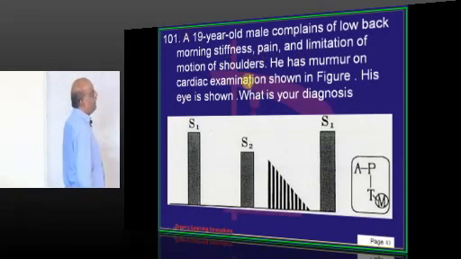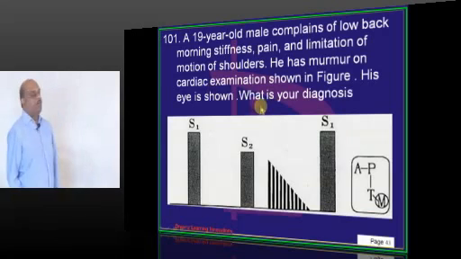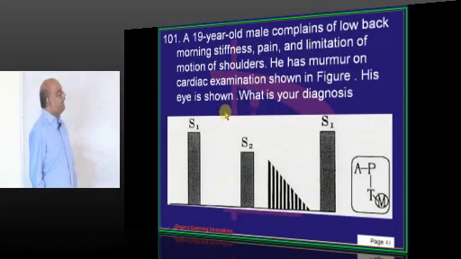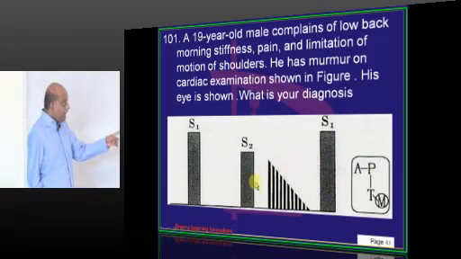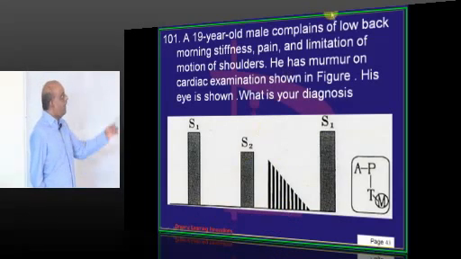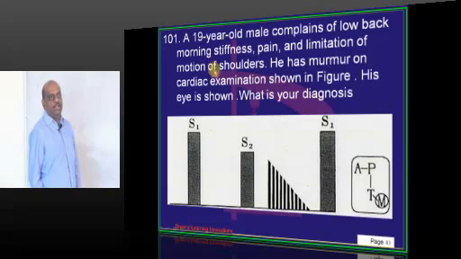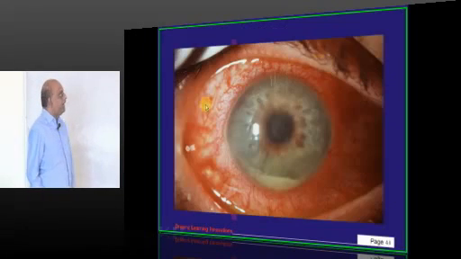A 19-year-old has low back pain, morning stiffness, and he has a murmur. What type of murmur is it? Between S2 and S1 you call diastole. Early diastolic murmur is there, which is typical of aortic regurgitation. So aortic regurgitation along with the rheumatological combination, low back pain, where do you get it?